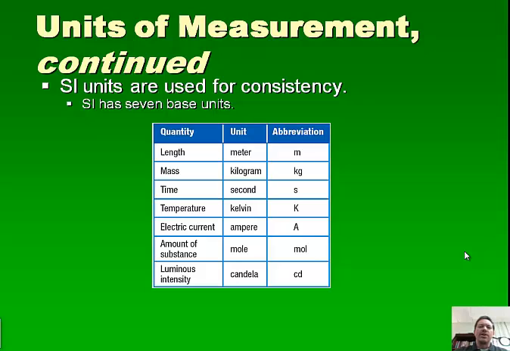But volume is basically a cubed unit of length. If we have 3 dimensions of length, width, and height, then we basically have volume as well. I think that's why volume is not included on this list, but a lot of times we're going to include it. So volume is liters.